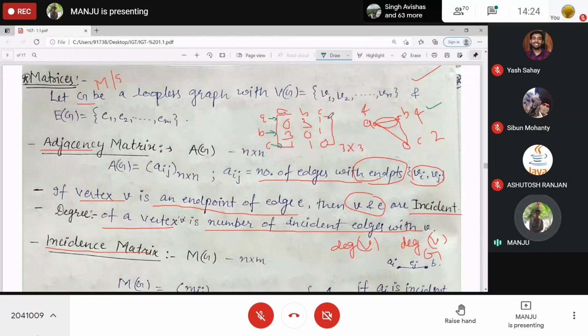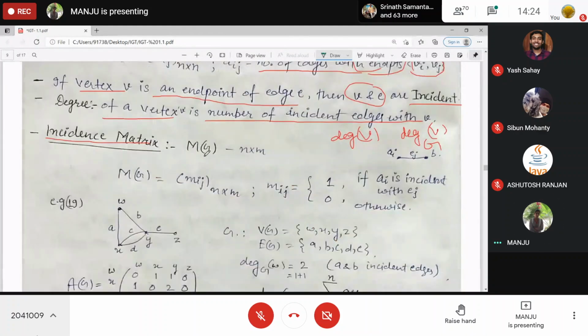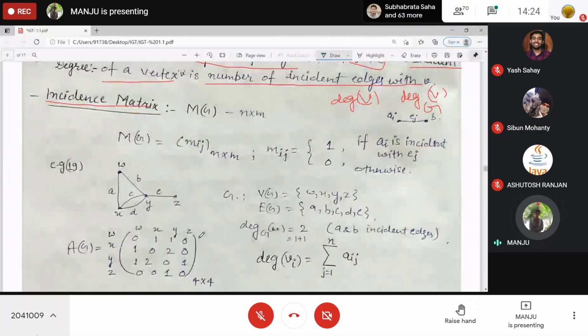So the corresponding row you pick up and take the sum of all the elements. 3 plus 1 giving you 4. 4 is the degree of A, and 3 plus again 1 plus 0, that is giving you 4, again the degree of B. 1 plus 1 plus 0, that is 2. 2 is the degree of C. Similarly, here you can check the degree of X. Degree of X from this matrix is coming as 3.